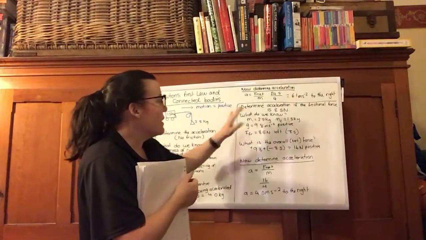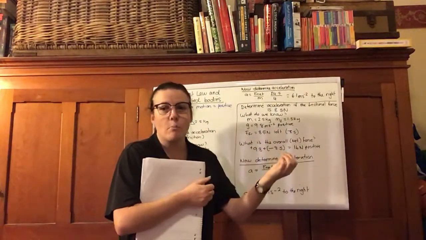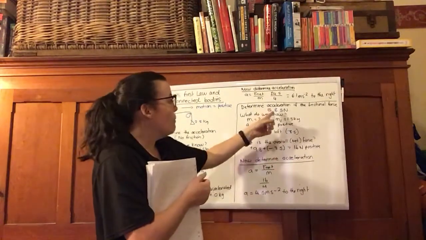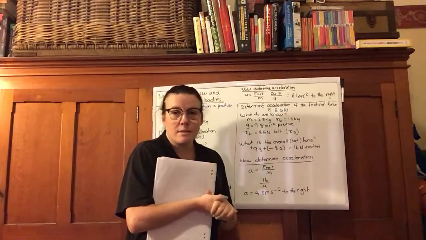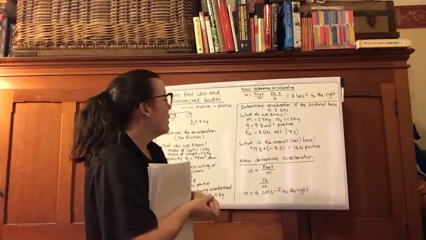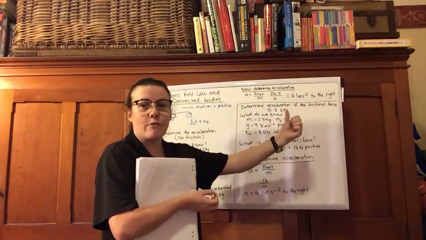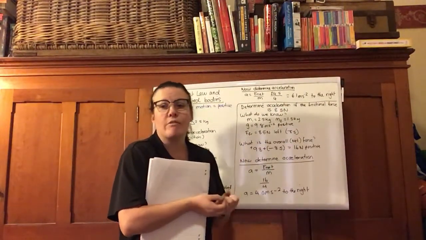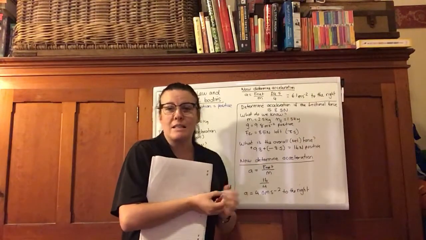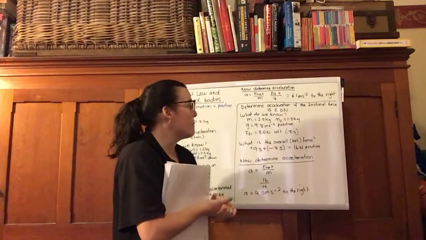Okay, so now we're going to say that there's a frictional force opposing the motion at 8.5 newtons. Okay, so we know that if it's opposing, that force is acting in the reverse direction. So that 8.5 is going to be a negative value when we're doing our calculations.